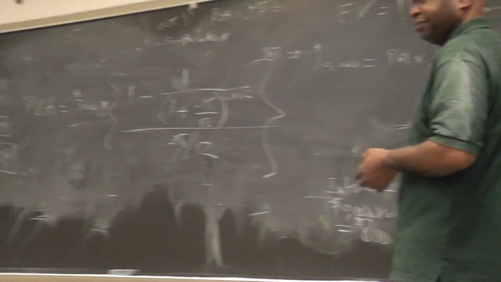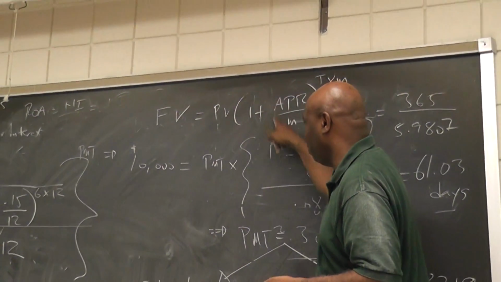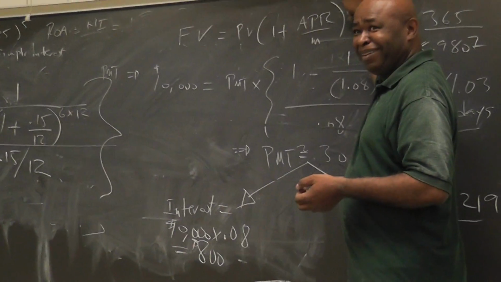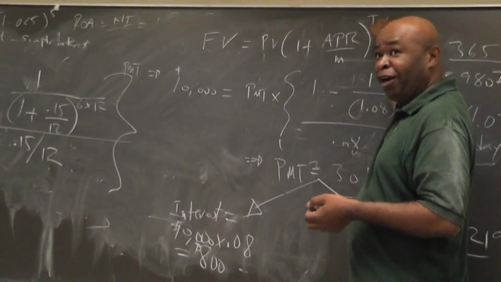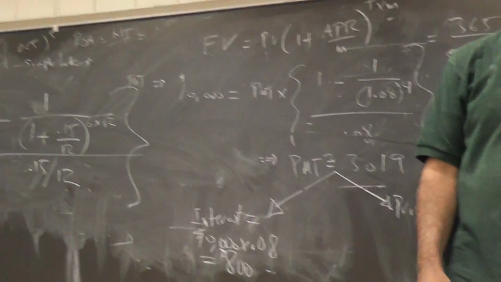Remember that? That's how we do the problem. We get the rate per period raised to the power of the number of compounding periods. That's how we did it, right?